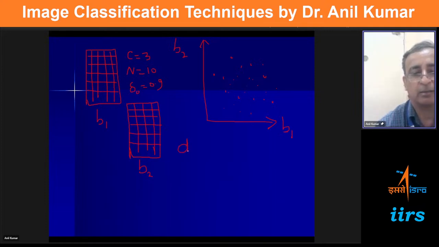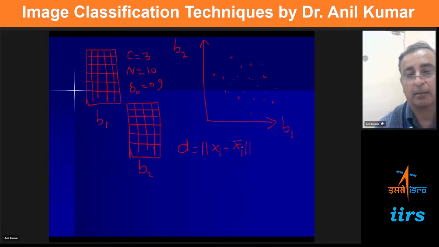So here D will be the mode of the vector difference, xi minus x bar j. Here i is going from 1 to n. This n is different, I can take it maybe a small value. So these are the pixels in the image.